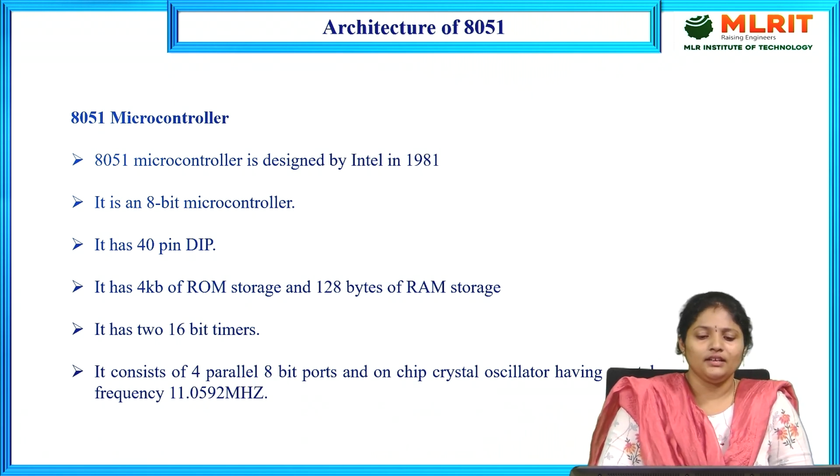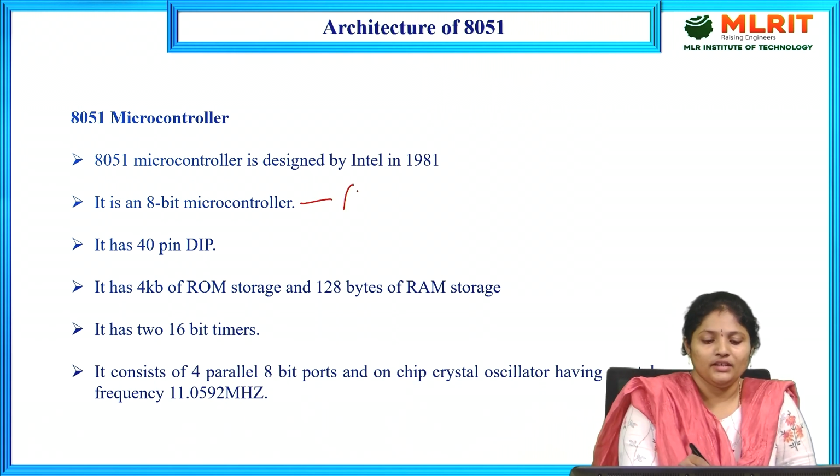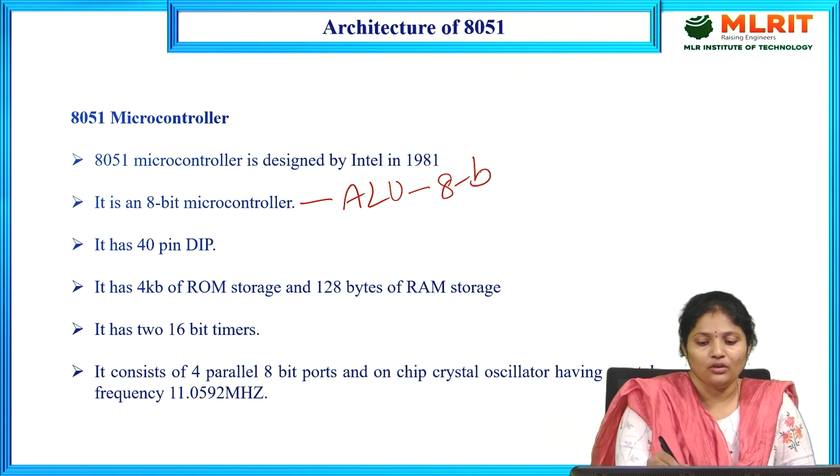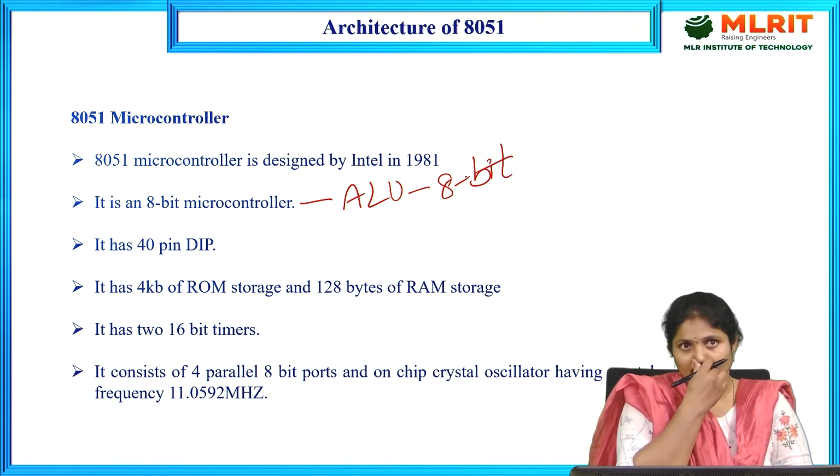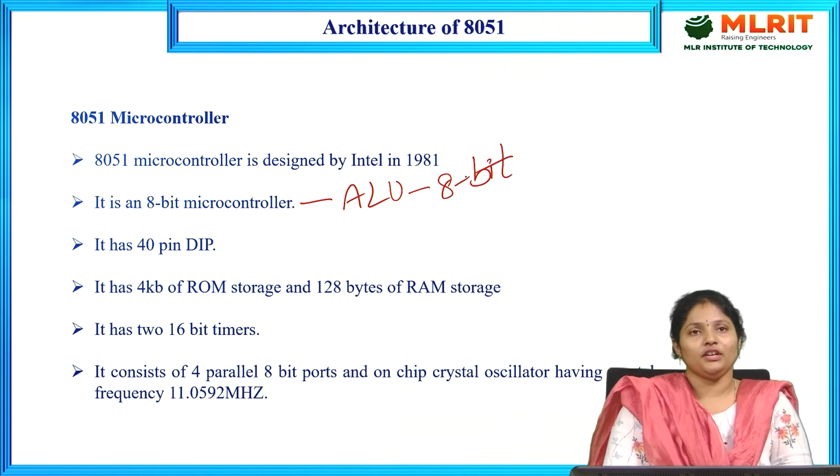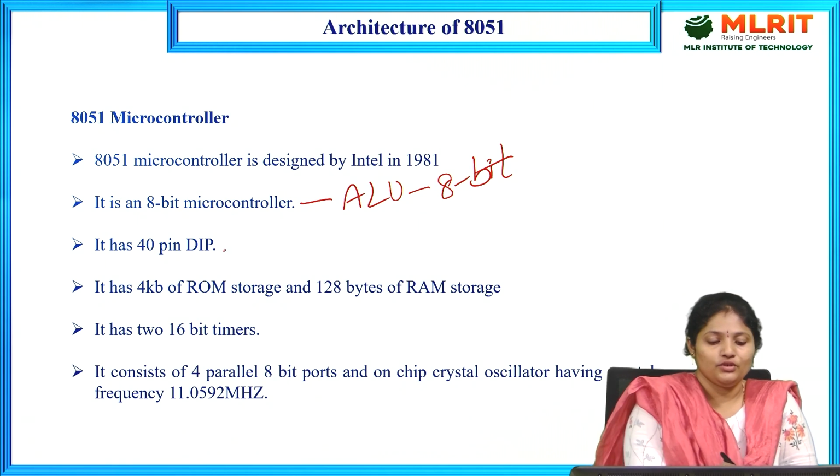In early 1981, this 8051 microcontroller was designed in Intel's lab. It is an 8-bit microcontroller. As I already told you, it has an ALU which performs 8-bit operations in a single clock cycle. It has a 40-pin DIP package, dual inline package.